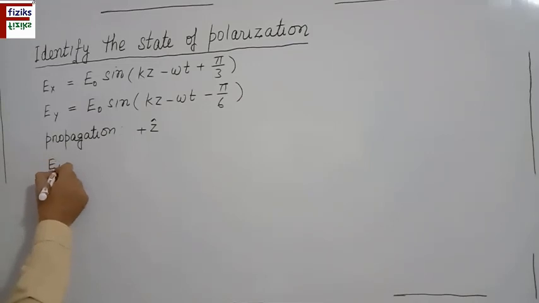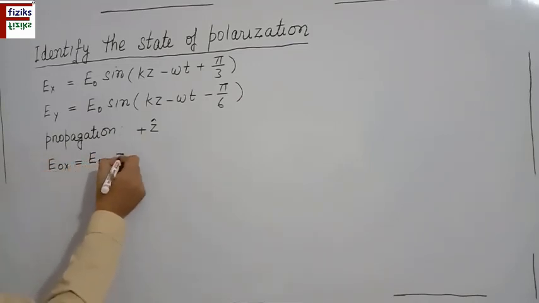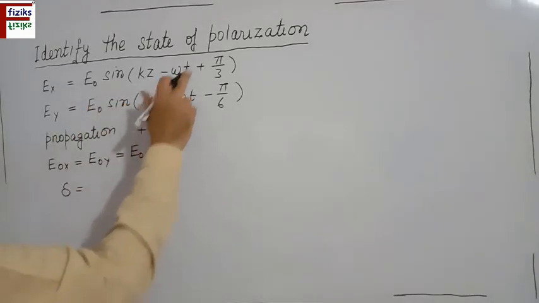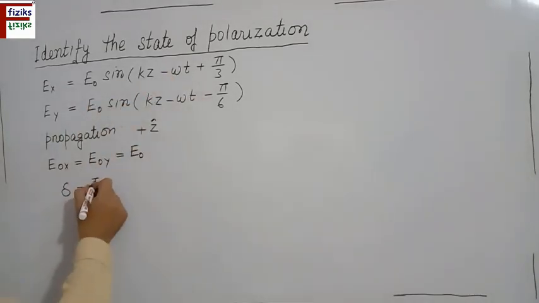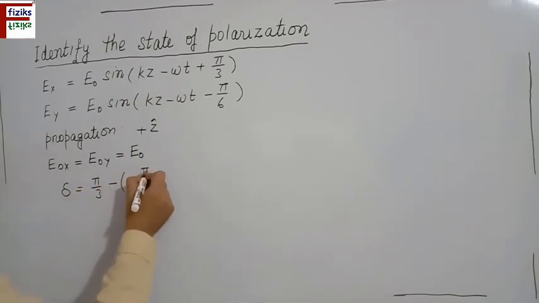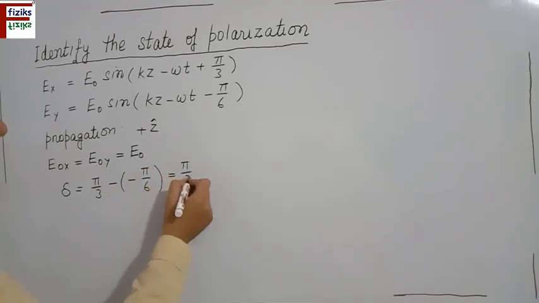So E naught x equals E naught y equals E naught. So the amplitudes of the Ex and Ey components are equal. And third is the phase difference. Both are sine terms, so we can find the difference between these two argument terms, and this will become pi by 3 minus pi by 6. So this will become pi by 2.